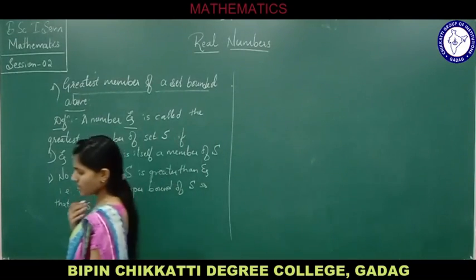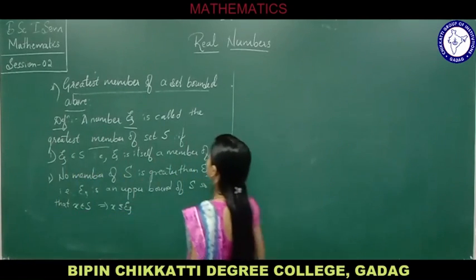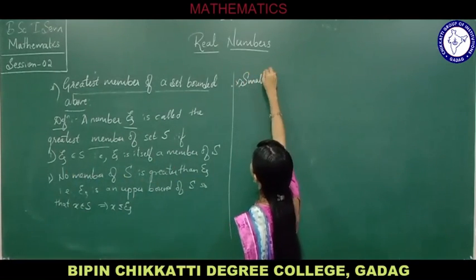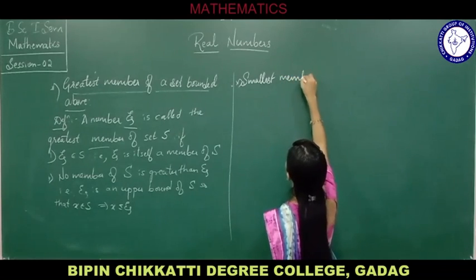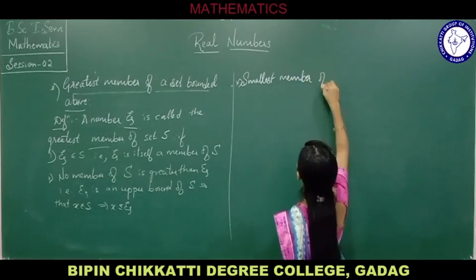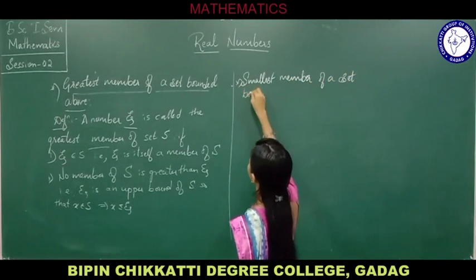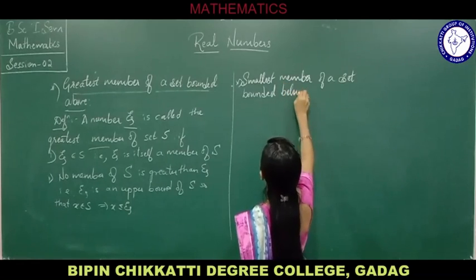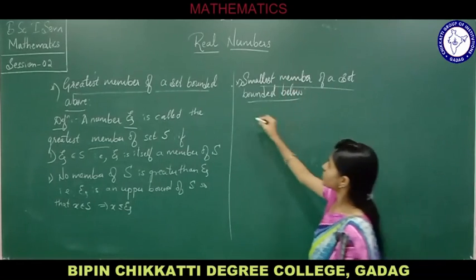We are going to see about the smallest member of a set bounded below. See how we are going to define it.